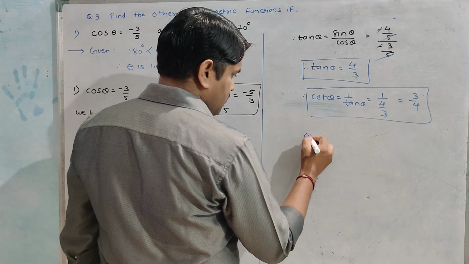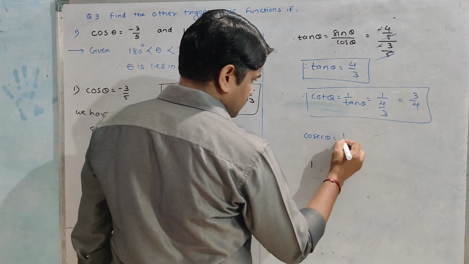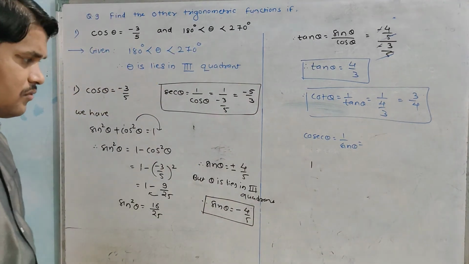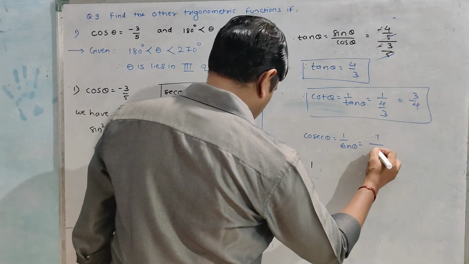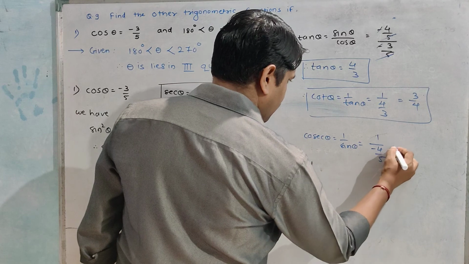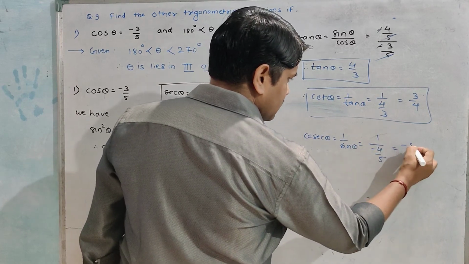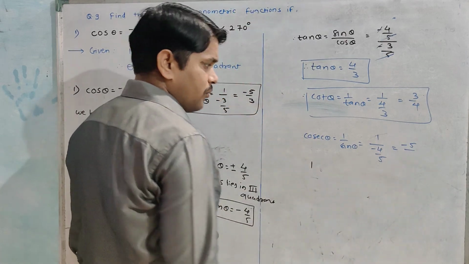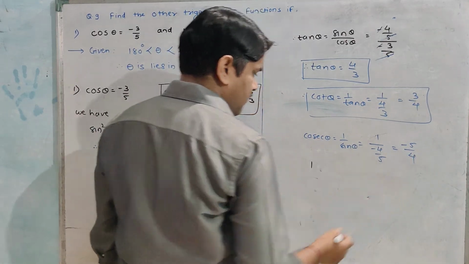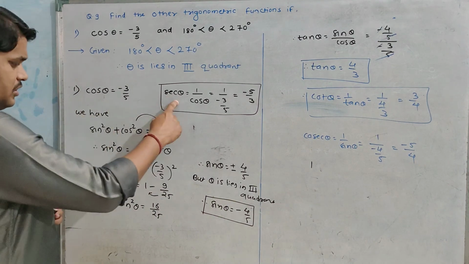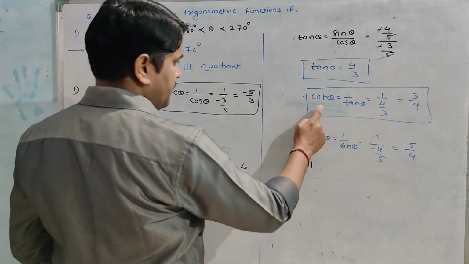And last one, that cosec theta is equal to 1 upon sin theta. Cosec theta is how much? 1 upon sin theta. So 1 upon minus 4 upon 5. So we get that cosec theta is equal to 5 shifted and the negative sign also shifted to the numerator. So minus 5 upon 4. Understood? These are our six, first, second, third, fourth, fifth, and sixth.